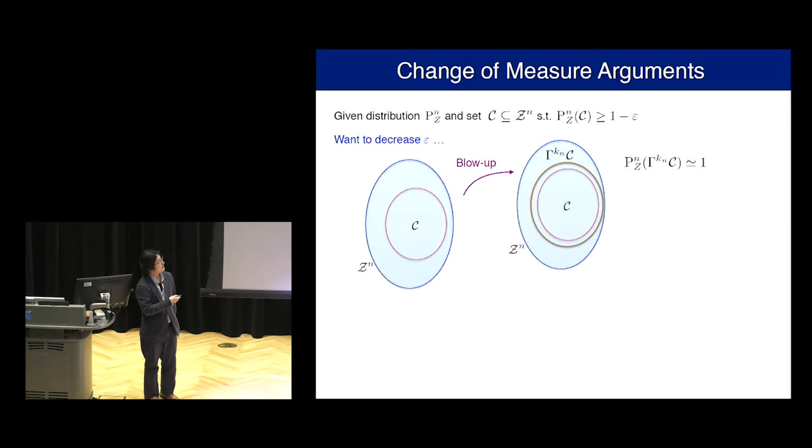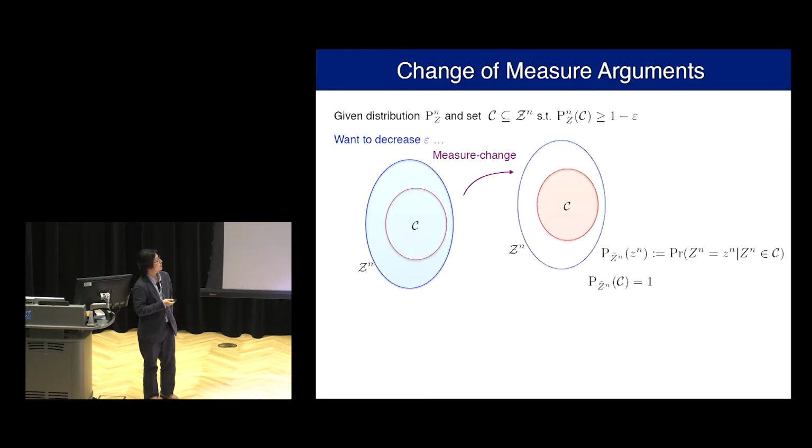Then the probability of the blown up set becomes close to 1. This is one approach. Or alternatively, we can change the measure by conditioning on this set like this. So we condition on this set, then the probability of this set under the changed measure becomes 1.